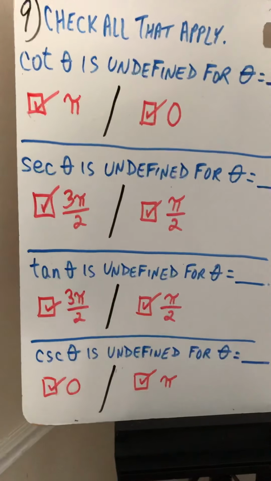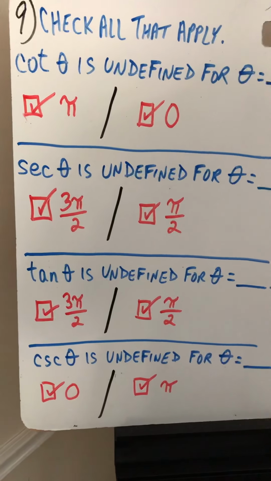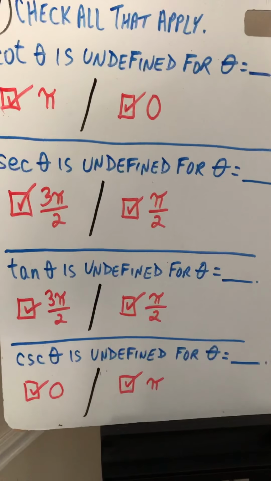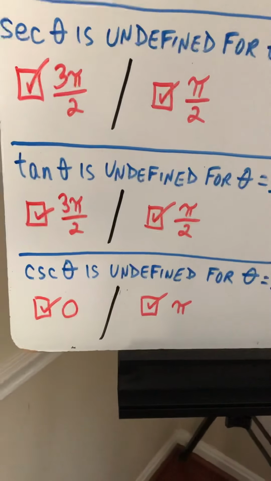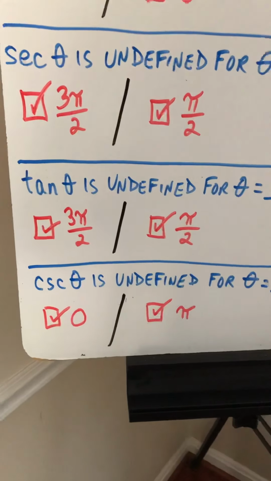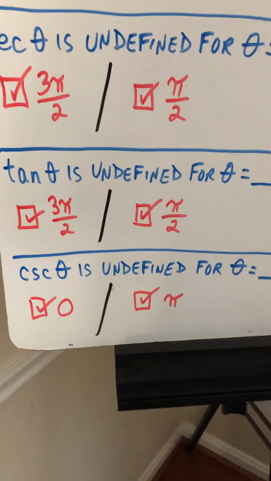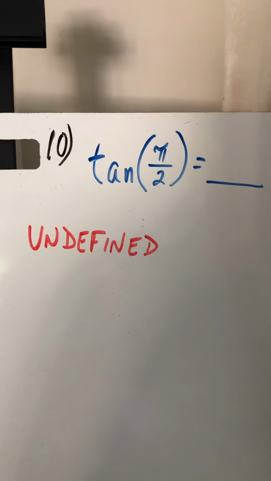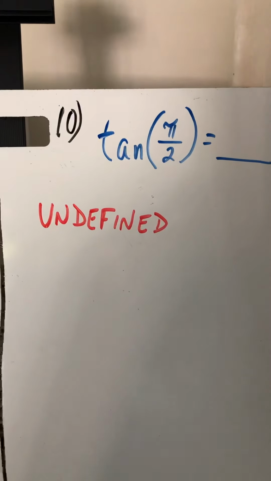If it says tan theta is undefined for theta, then you check 3 pi over 2 and pi over 2. If it says cosecant theta is undefined for theta, then you check 0 and you check pi. Okay. And if it says tan pi over 2 equals, then your answer is undefined.